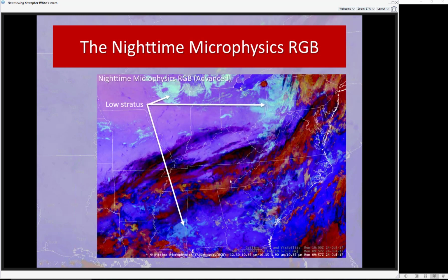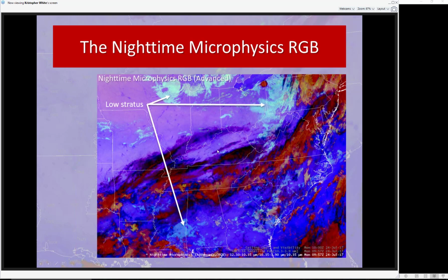But you're getting a more complete depiction of the atmosphere in this case, because we also have the contributions of other important channels and channel differences. So in this particular scene, yes, the fog and low stratus do appear these general lighter shades of cloud up here, also down here, and you can see them dotted across parts of the south, while the colder, deeper clouds are going to appear these reds and oranges that you see along some sort of an old boundary cutting across anywhere from Oklahoma up into the northeast and mid-Atlantic.